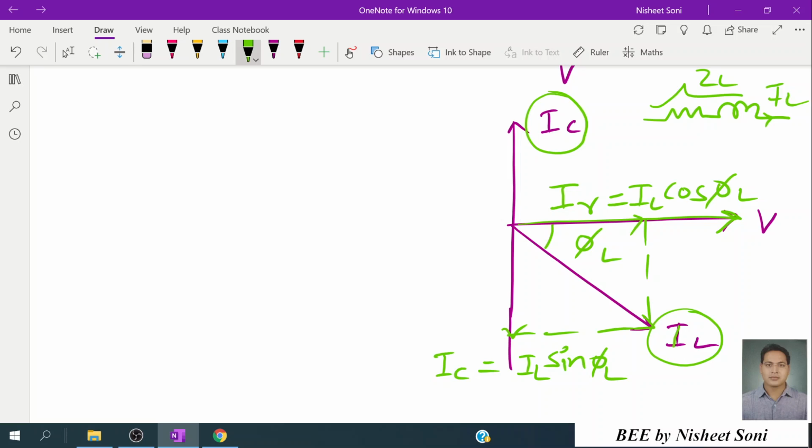If we take out the components of IL, we have two components: IR, which is IL cos phi L, and the second component is IL sin phi L. So the circuit current IR will only be in phase with the supply voltage when IC equals IL sin phi L.